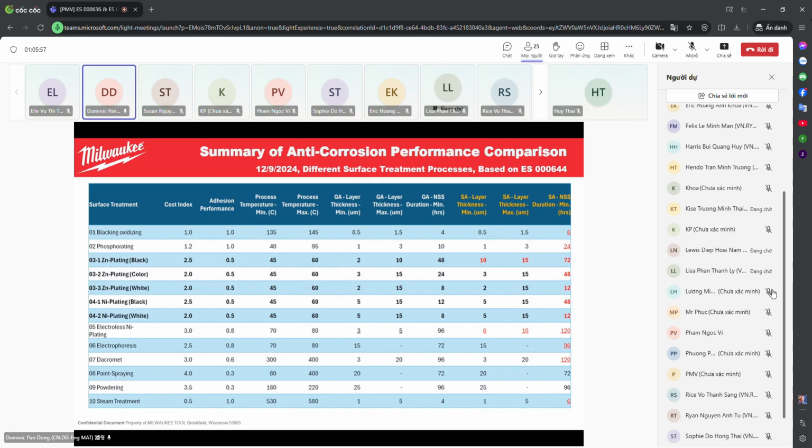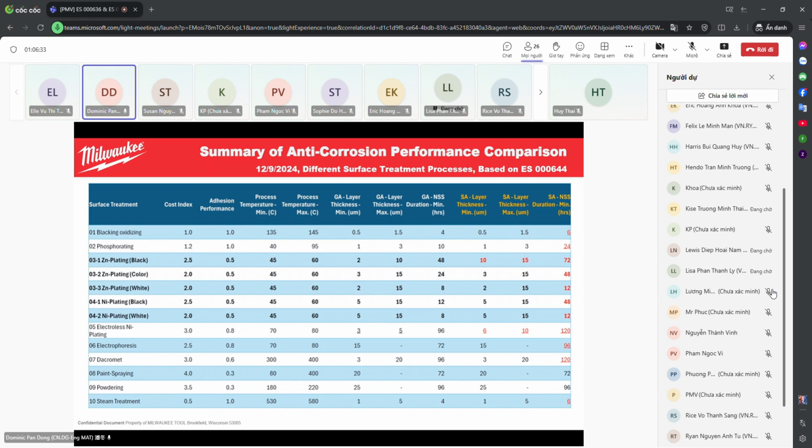So how can we make a choice among the different surface treatment processes? What are the main pros and concerns we would think about? On the right side of this table, we can see the most important performance of our parts with surface treatment: the time duration in neutral salt spray testing, so-called NSS testing.